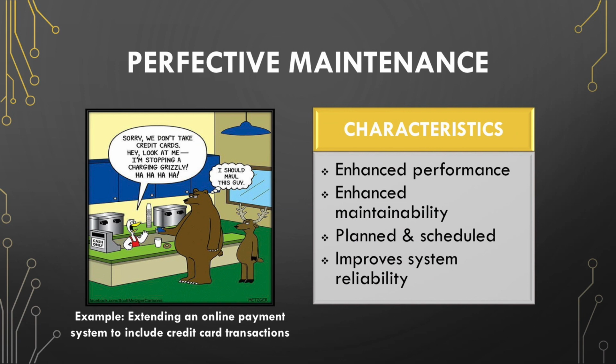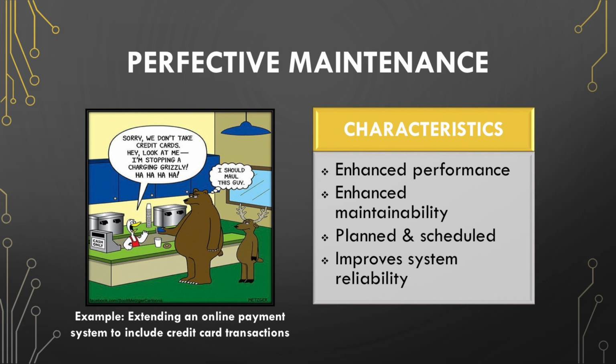An example of perfective maintenance would be implementing a credit card and debit card option on a payment system that currently only allows cash transactions. The current software functionality is being extended to include the enhancements of credit card and debit card transactions. In this example, as the software is exposed to users, software engineers are able to see how users currently use the online payment system and are also able to analyze the benefits of the extended functionality.